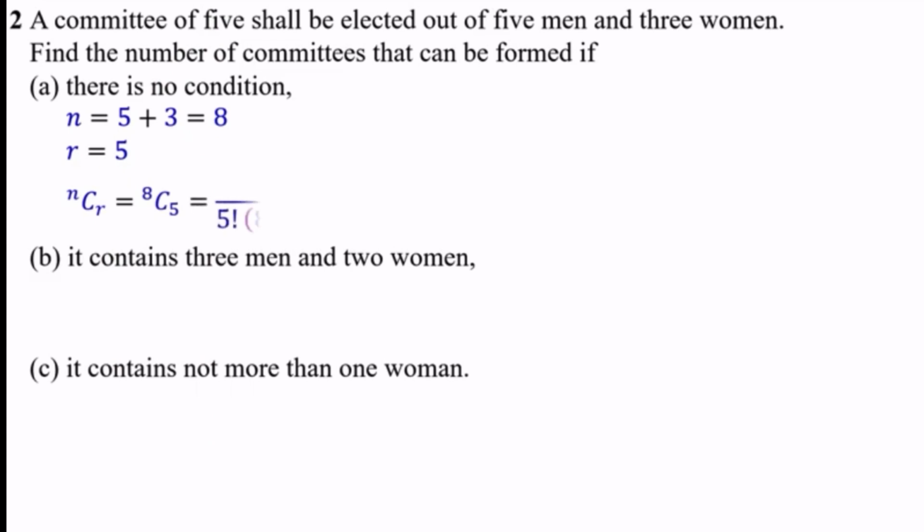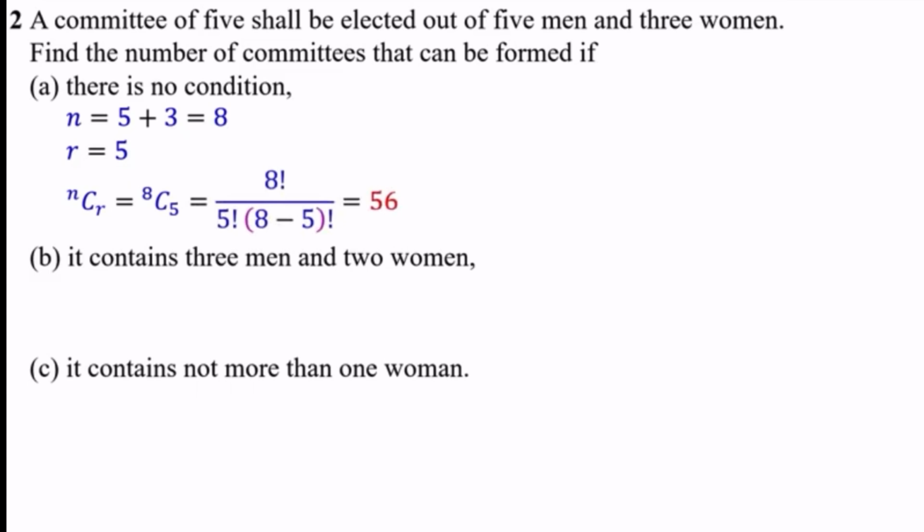The number of ways is 8 factorial over 5 factorial times (8 minus 5) factorial. So the answer is 56 ways. That is for no condition.